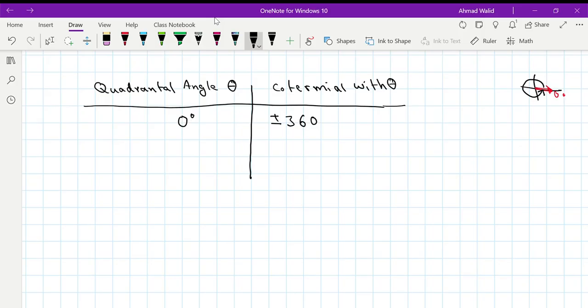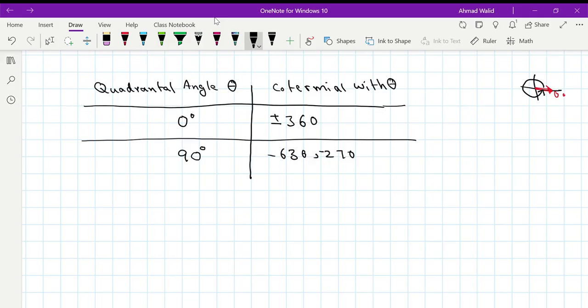What is the next quadrantal angle? The next quadrantal angle is 90, right? What is coterminal to the 90 degree? Negative 630 can be. Negative 270 can be, correct?